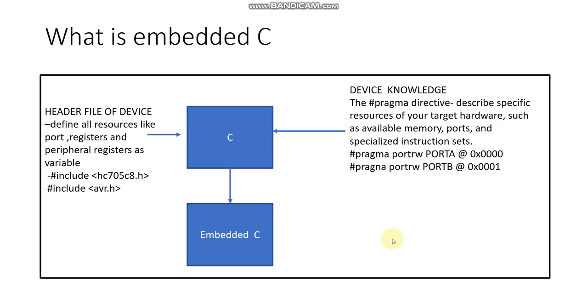A sample usage of the pragma statement is given here. You can see that these two statements define port A and port B as variables called port A and port B. The port A variable is nothing but the physical address of hexadecimal 0, which is nothing but port A inside the microcontroller.